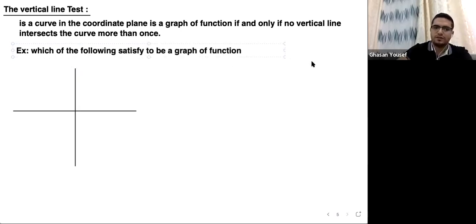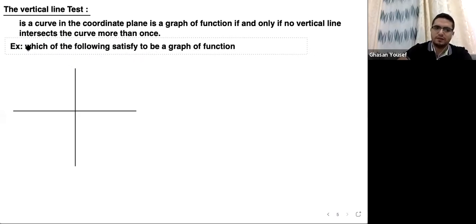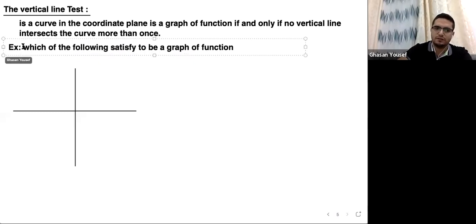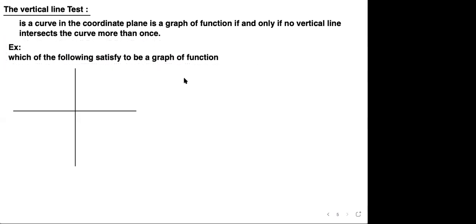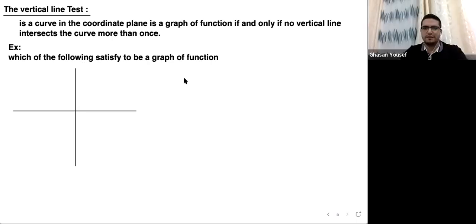As we learned before, what is the meaning of a function? Every input has to have exactly one output.